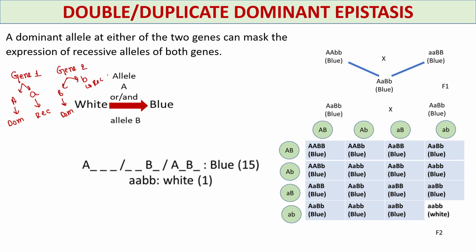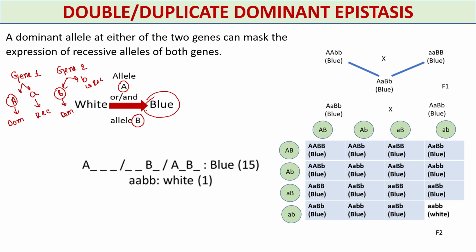Dominant alleles capital A and capital B both will show their dominance. Neither of them will mask the functionality of the other gene. Suppose we have a flower and gene 1 and gene 2 are responsible for the flower color blue. If dominant allele capital A or capital B is present or both are present, flower color is blue.